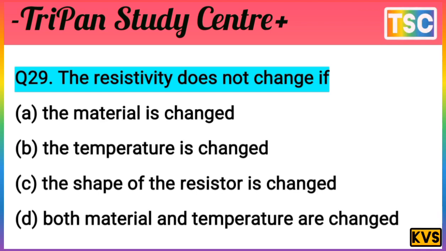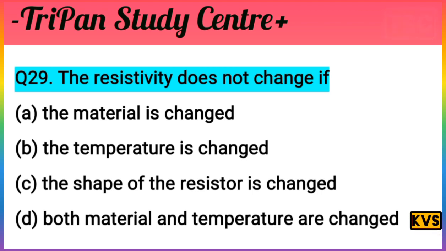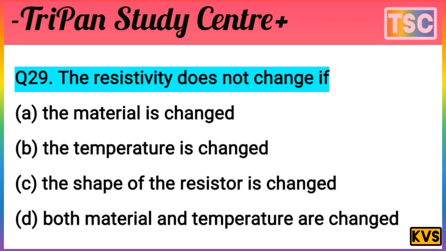It means option C is correct: the resistivity does not change if the shape of the resistor is changed. That's important for this answer.